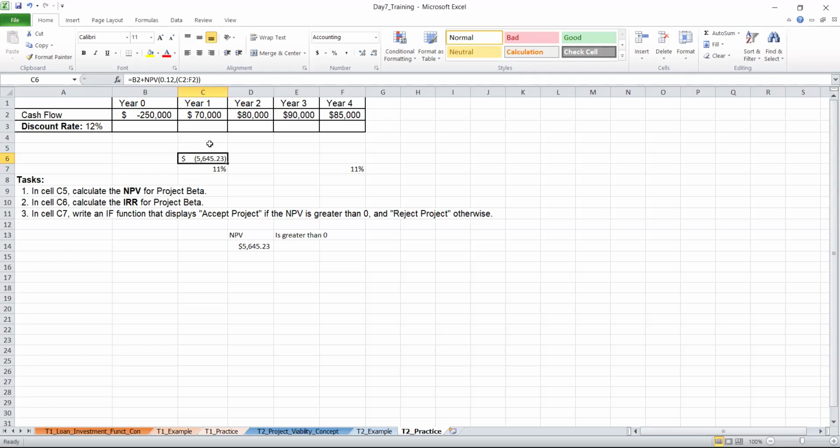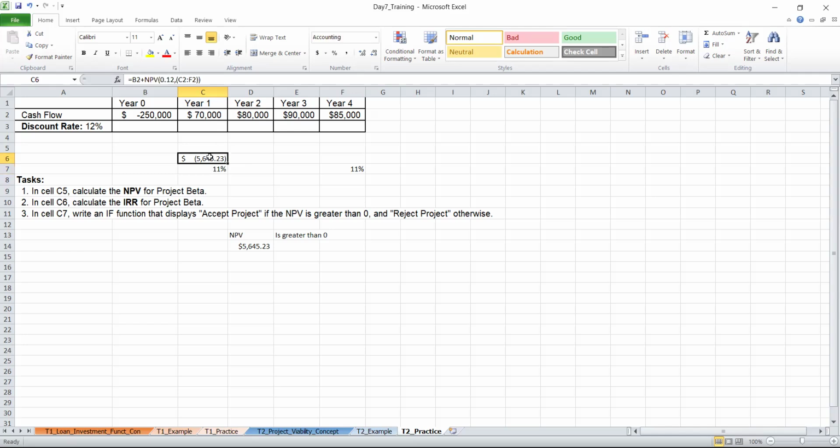Okay, and how did you calculate NPV? First of all, cash flow plus the NPV formula and the discount rate, 0.12, and select C2 to F2 and close the bracket. Okay, so you got the answer as $5,645.23. Is it positive or negative?